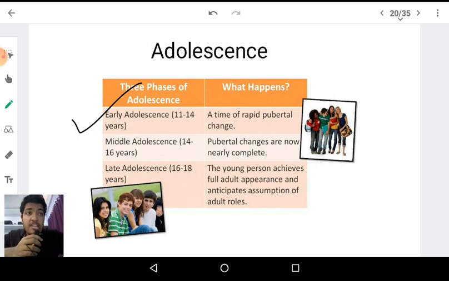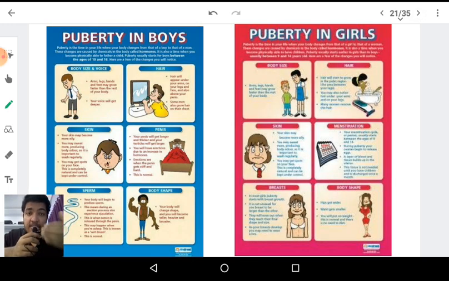So now we are going to study what are the changes that are happening in boys and girls as a result of puberty. First one in boys is the body size. The change in body size, especially in the length of the arms, legs, hands and feet, and also the deepening of the voice because of the formation of Adam's apple. Next is the formation of hair, facial hair, pubic hair, as well as axillary hair, that is body hair.